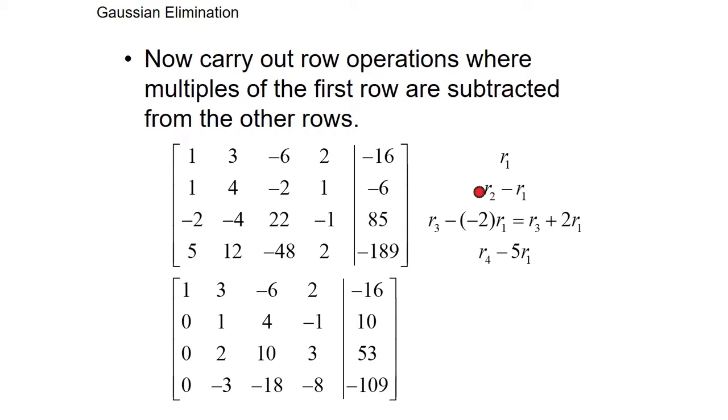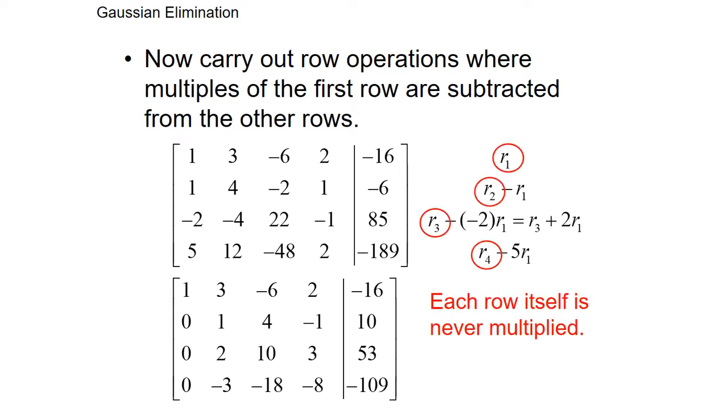So we'll take row 2 minus row 1 to get a 0 here. We'll take row 3 minus 2 row 1 to get a 0 here. We'll take row 4 minus 5 row 1 to get a 0 here.